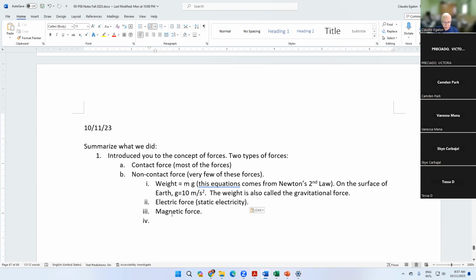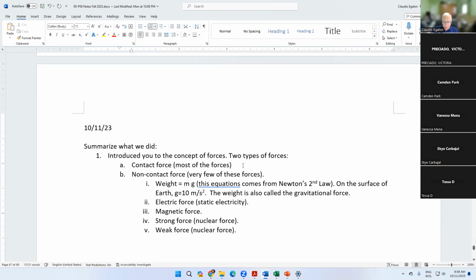And there is also the strong force. Not everybody knows about this force. And there is also the weak force. Five different non-contact forces. That's all we have. They are both nuclear forces, and they are both non-contact forces.